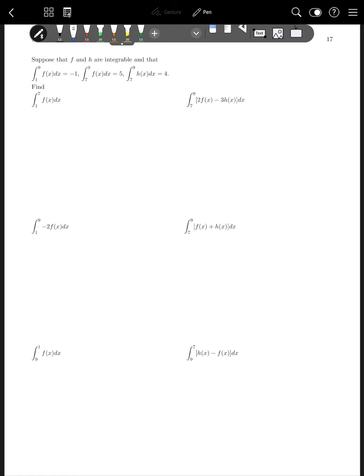Okay, so the first one here, we're trying to find the integral from 1 to 7. We know the integrals from 1 to 9 and 7 to 9. So we can use the same rule we used on the last page, and we can say the integral from 1 to 7 of f of x dx plus the integral from 7 to 9 of f of x dx has to equal the integral from 1 to 9 of f of x dx.